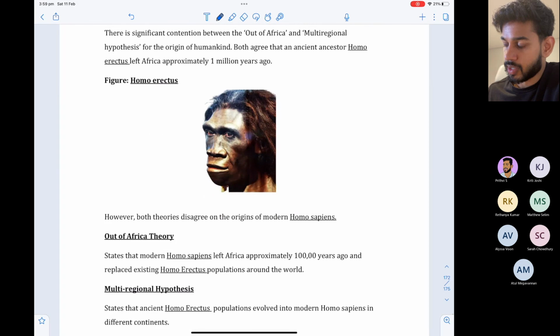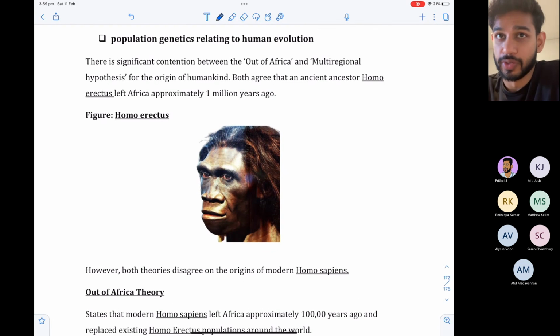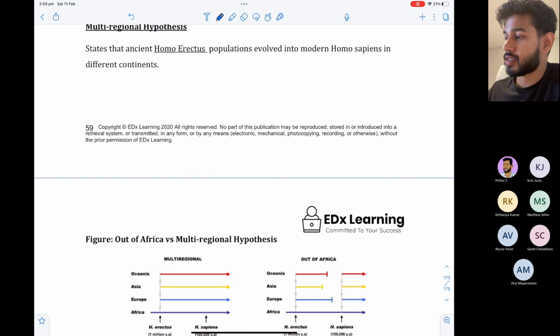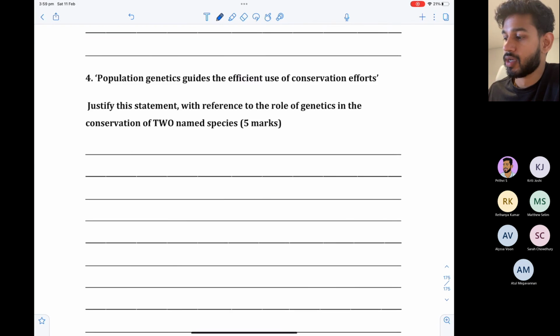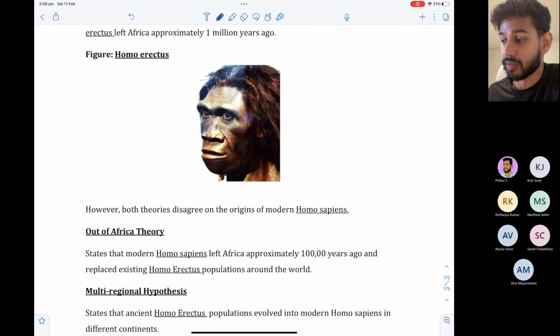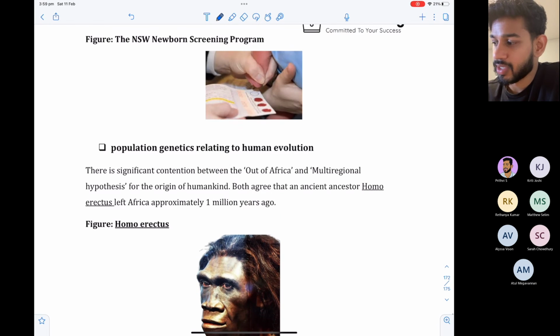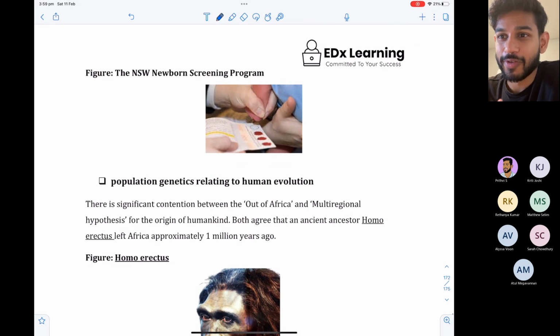Good. Now, in terms of population genetics related to human evolution, we'll touch upon that at the beginning of next lesson, but that is the last tiny bit of information before we finish Mod 5. So literally have a read of it in your own time. In the beginning of next lesson, I'll touch upon this and we'll start Module 6. Okay? Very good. Congratulations. We've essentially finished Module 5.